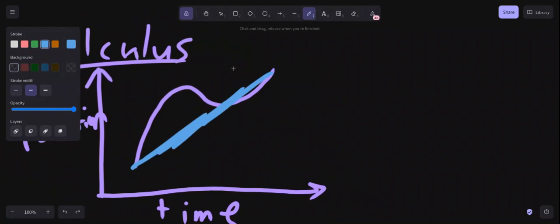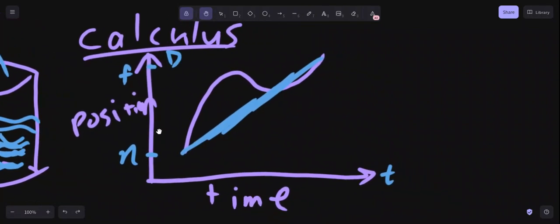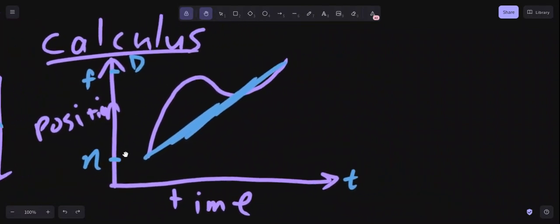Let's call the position axis D and the time axis T. The points on the time axis are N, for initial, and F, for final. So this is t equal to n and t equal to f.